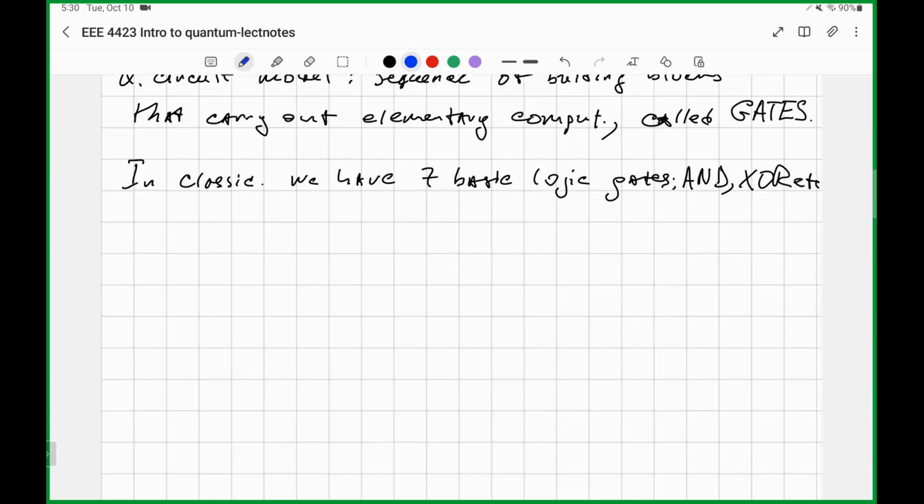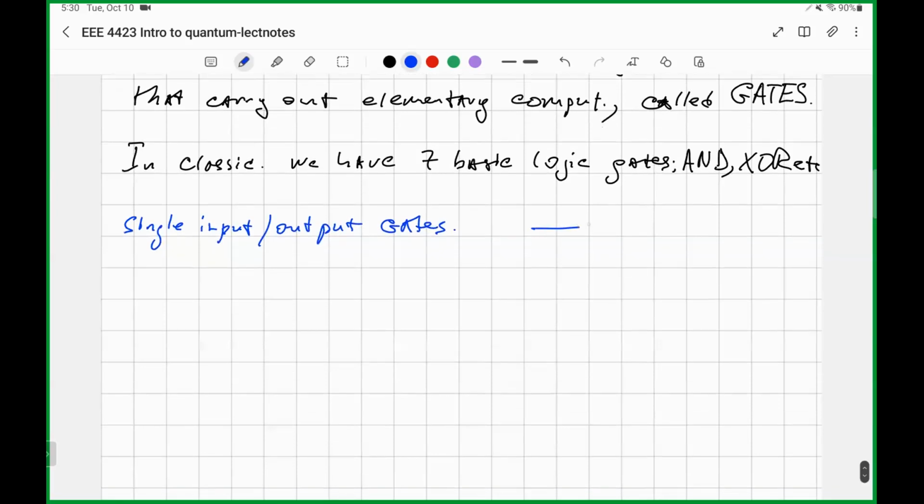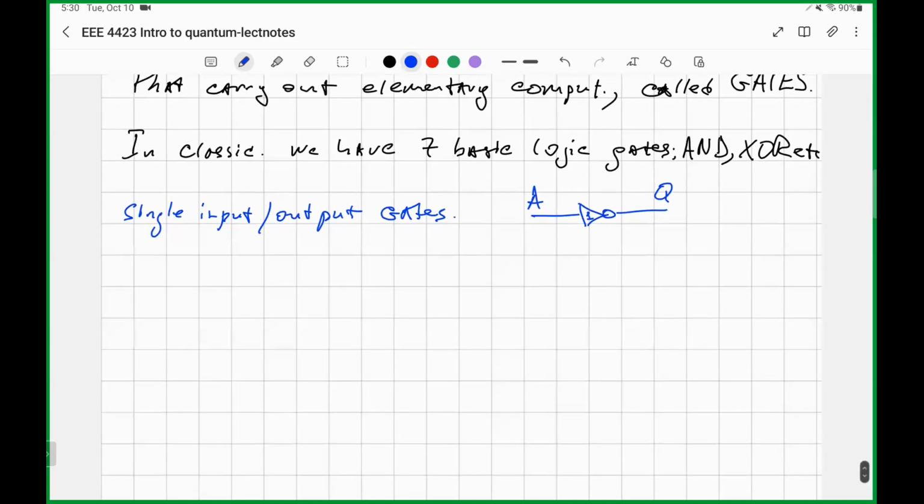For example, single input, single output gates, like the NOT gate. The NOT gate is denoted by a triangle with a circle, with an input and an output. The operation of this gate, as well as of any other gate, is given by the truth table.